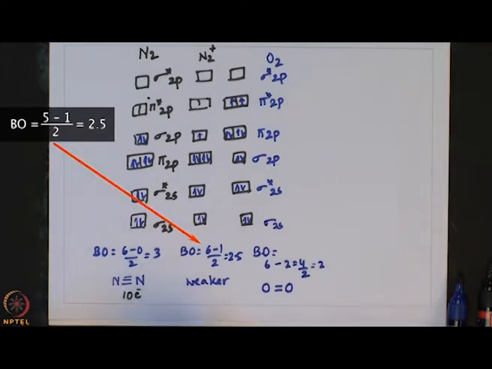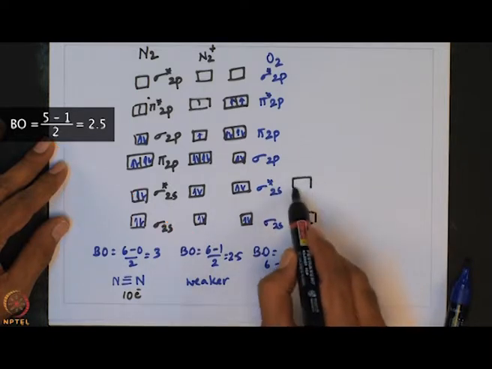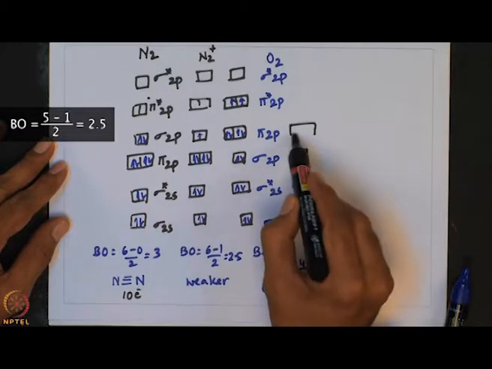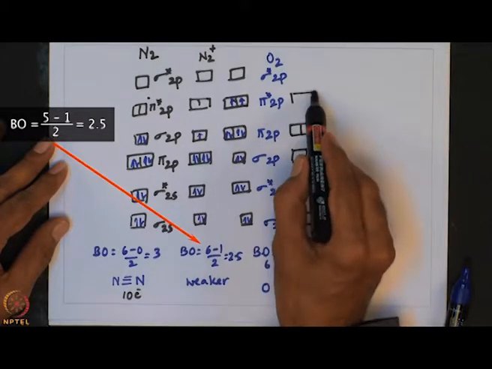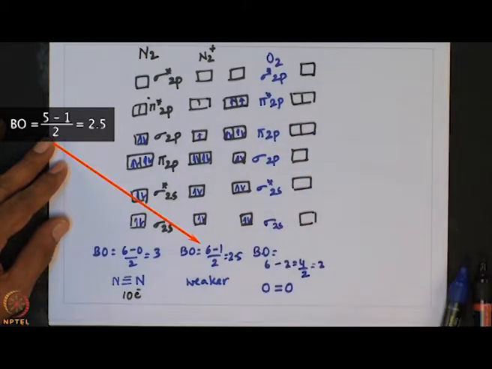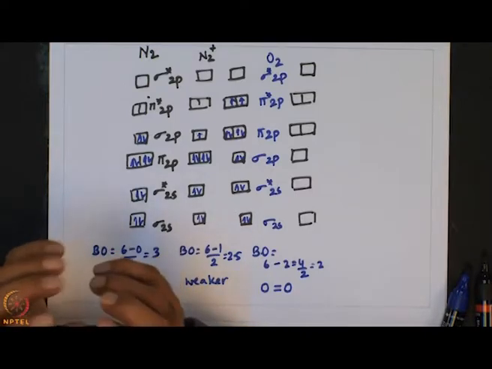O2 plus has 1 electron less. Okay, so, let me start filling here. Here we have 2 oxygen atoms. One is oxygen with 1s2, 2s2, 2p4 electronic configuration.